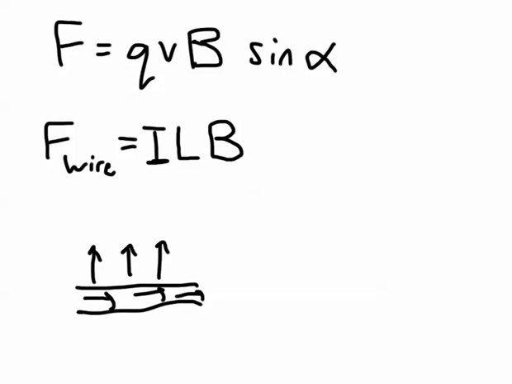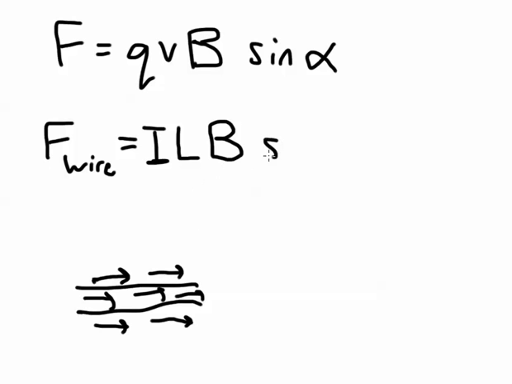On the other hand, if the magnetic field points diagonally, we might expect that there would be less force, because if the magnetic field points horizontally, then there's no force, because we remember that when particles move in the direction of the magnetic field, there's no magnetic force on them.